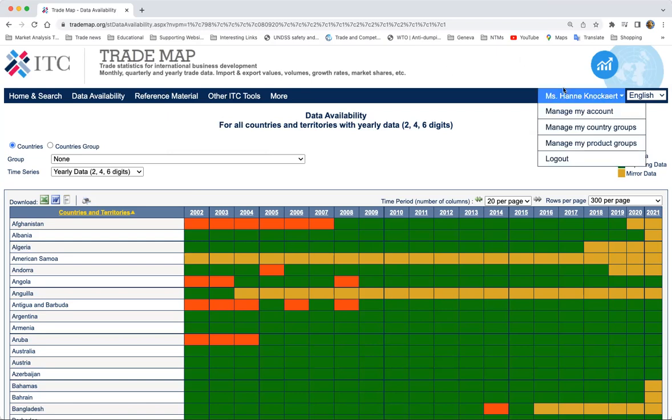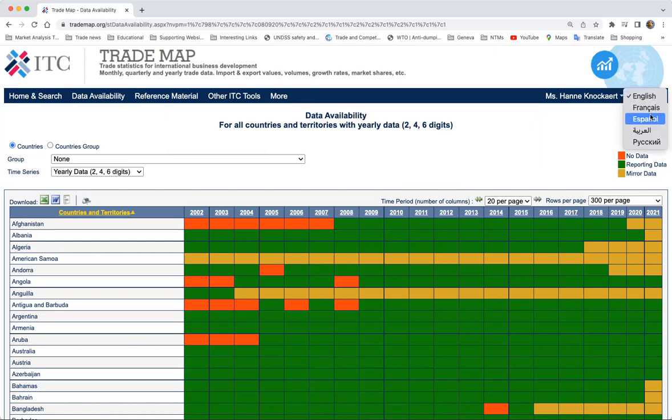Mine is already logged on, but once you go there, you fill out your information, you receive an email, and you will have to validate your account. From then on, you can access all the information that we have available. And information is actually available already in 5 languages now, so French, Spanish, Arabic, and Russian as well.